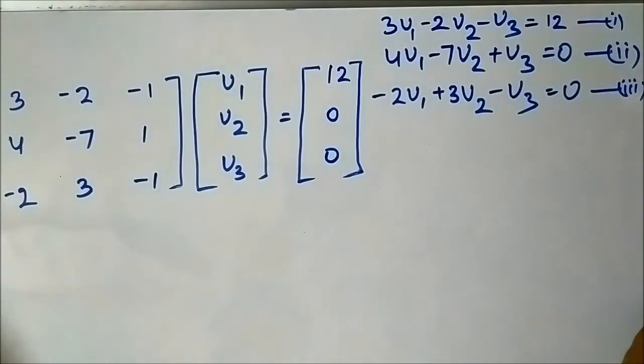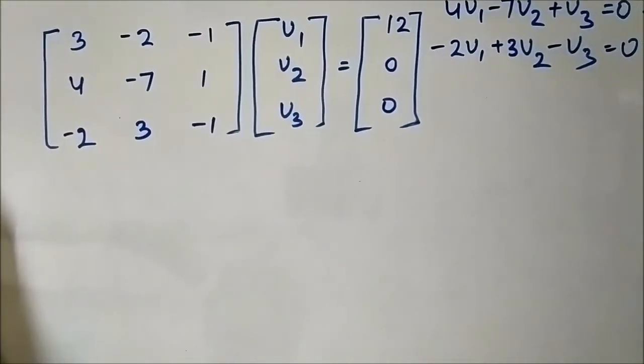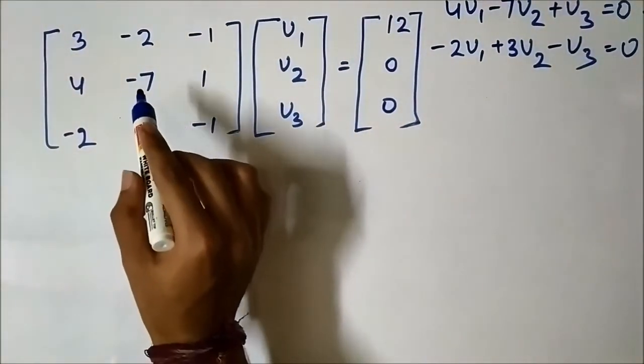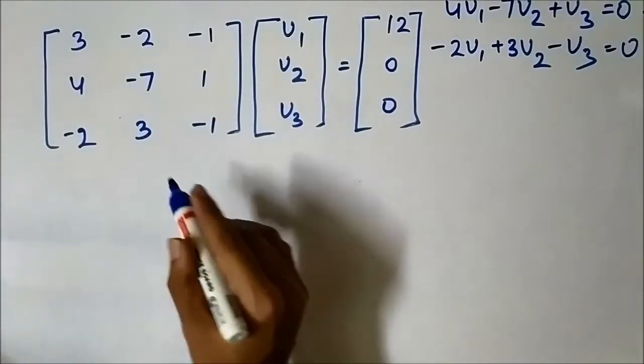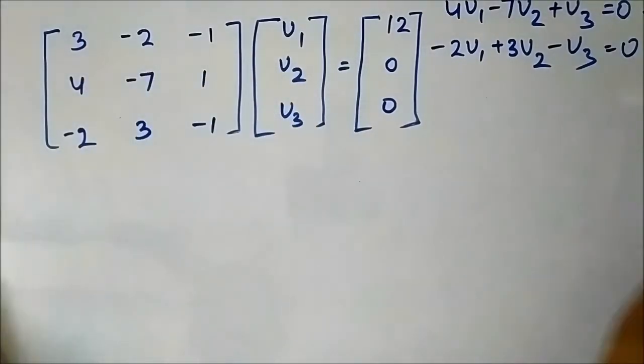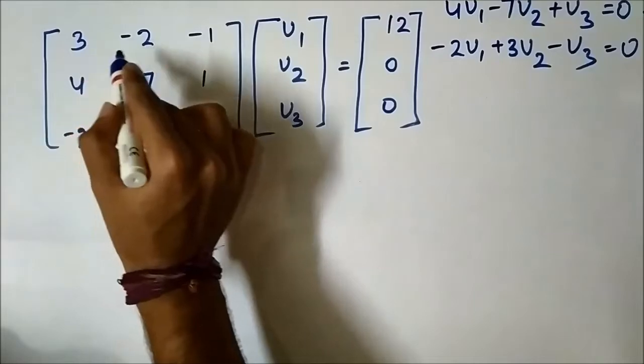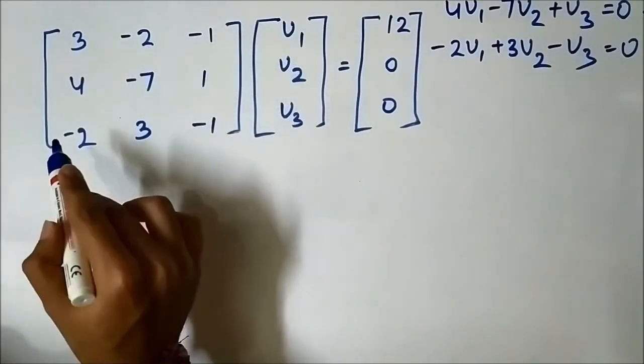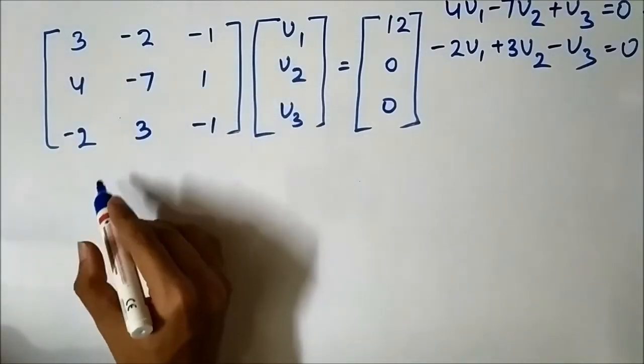Okay, first we have to evaluate this determinant. Let us determine the determinant of this matrix: 3 minus 2 minus 1, 4 minus 7 1, minus 2 3 minus 1.